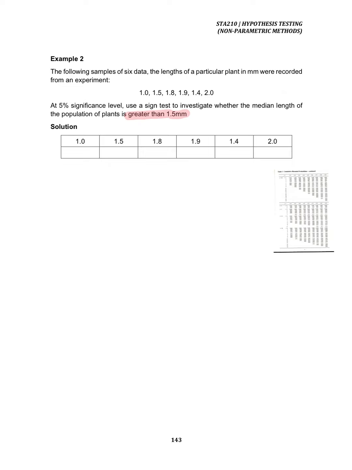Okay, now we already identify what are the H0 and H1 here, so we can write the H0 here as median equals to 1.5, H1 median is greater than 1.5, so this one is right tail test.